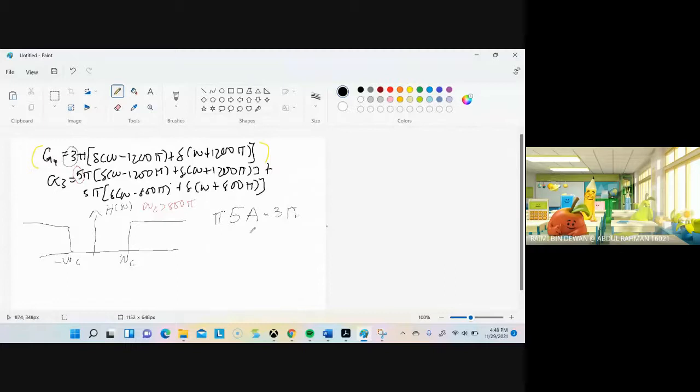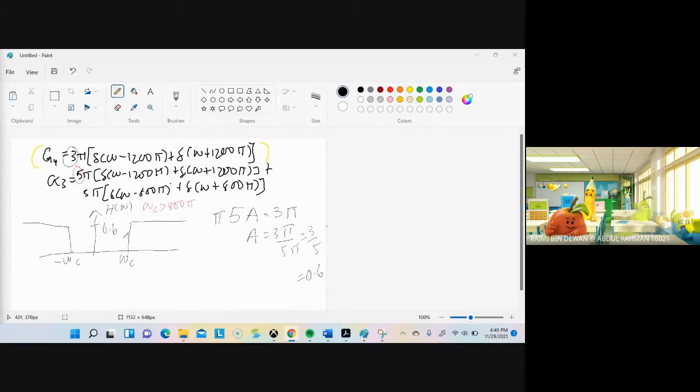So A equals 3 pi over 5 pi, which gives 3 over 5. 3 over 5 is 0.6, so here it is 0.6.